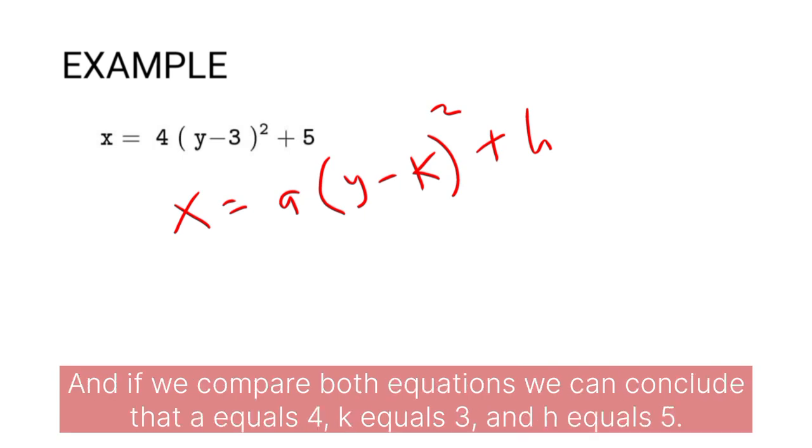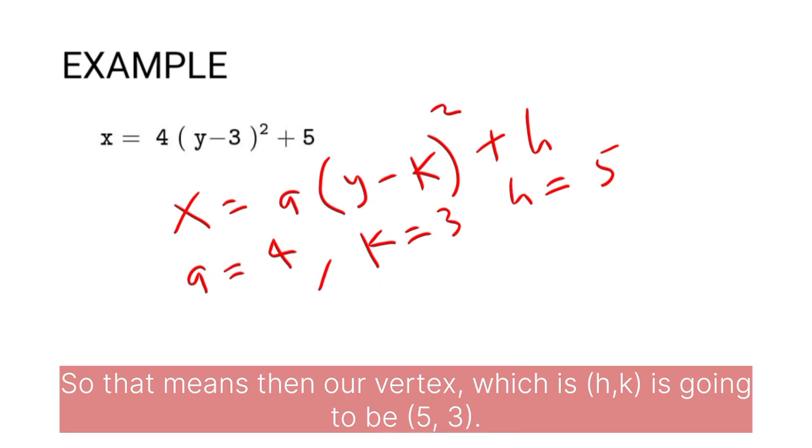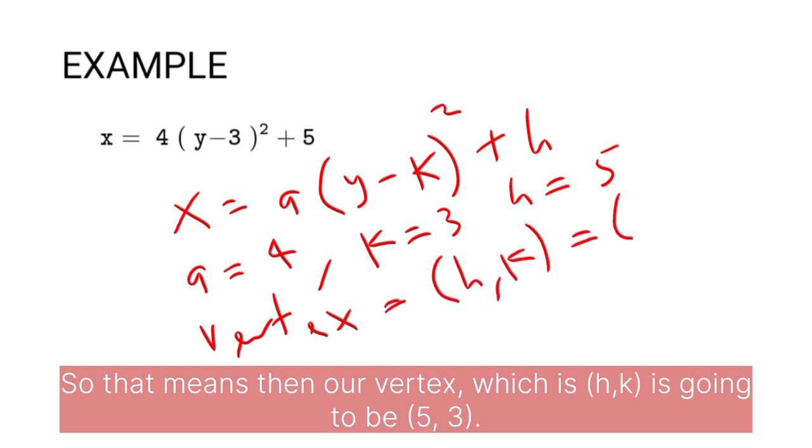If we compare both equations, we can conclude that a equals 4, k equals 3, and h equals 5. So our vertex, (h, k), is (5, 3).